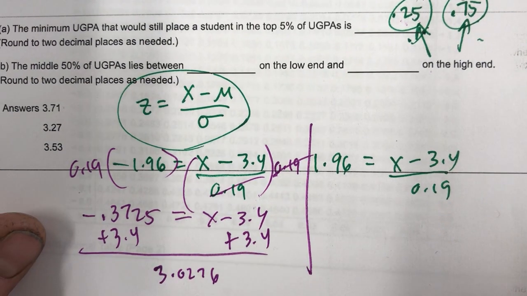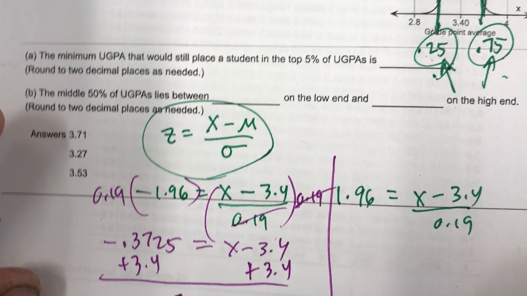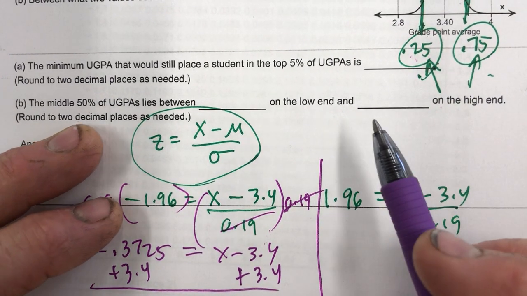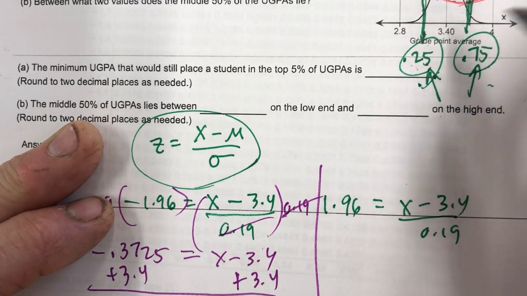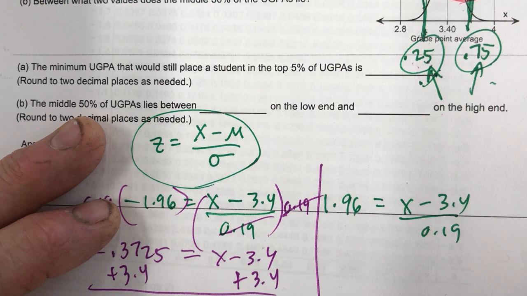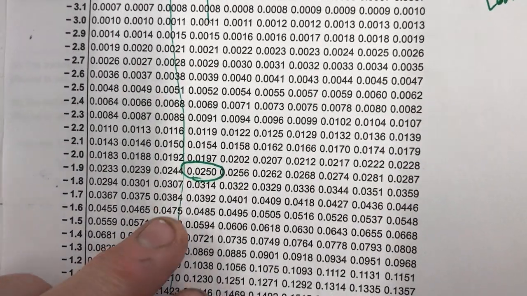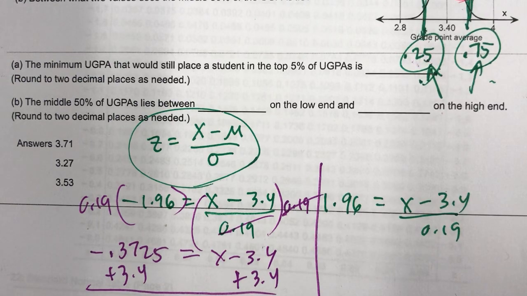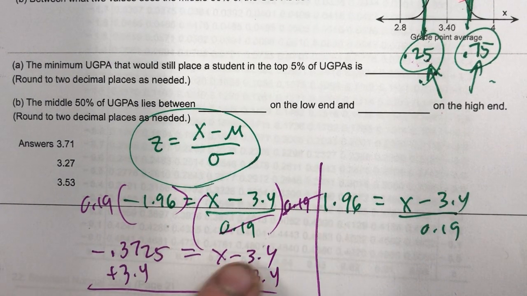Okay, I'm not getting these. The middle 50% is 0.25 and 0.75. And I looked that up, 0.25 is there, negative 1.96. And so I multiply both sides by 1.96.